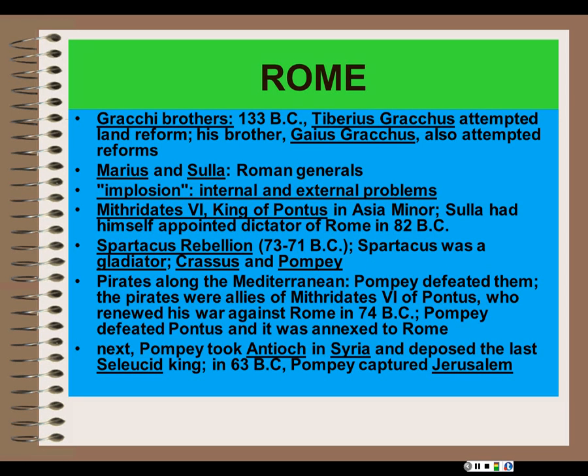And they began to accept volunteers for the army, mostly these dispossessed farmers and these rural proletarians. And not surprisingly, when they accepted these volunteers into their army, those poor, dispossessed, disgruntled farmers and people began to be loyal to people like General Marius.